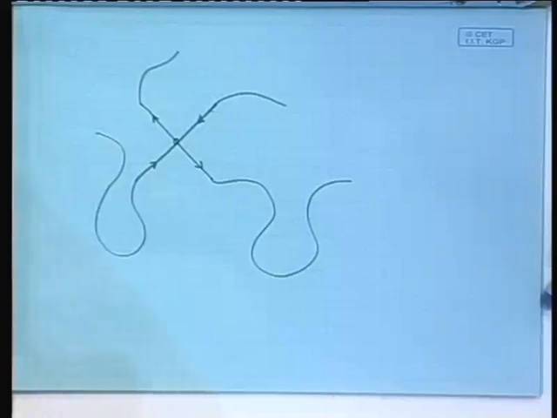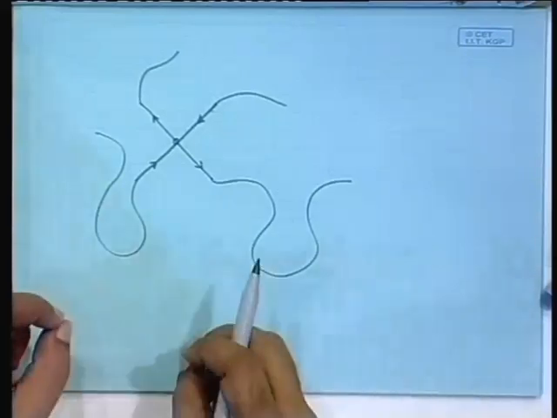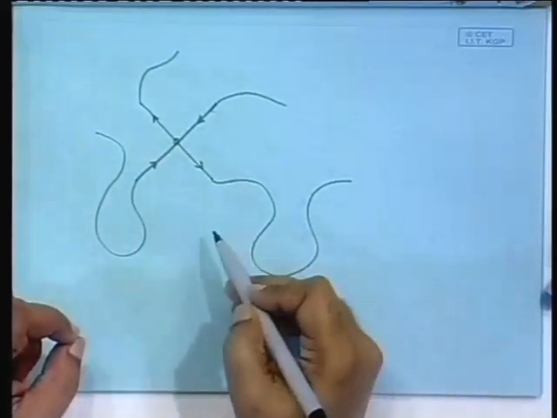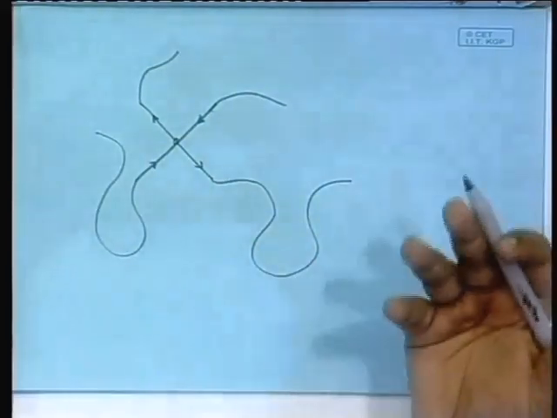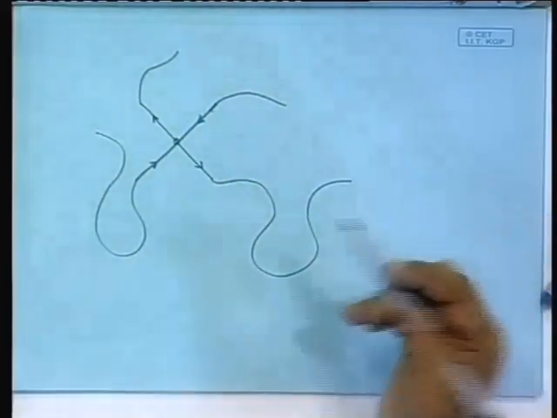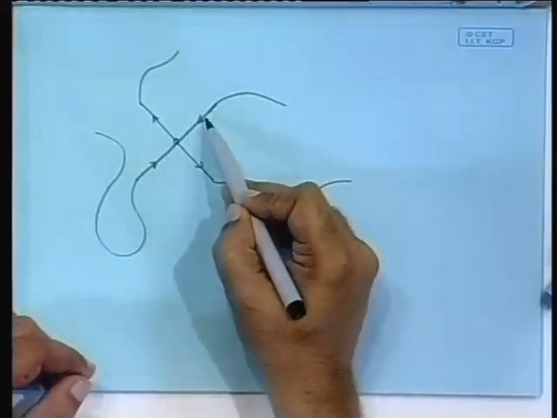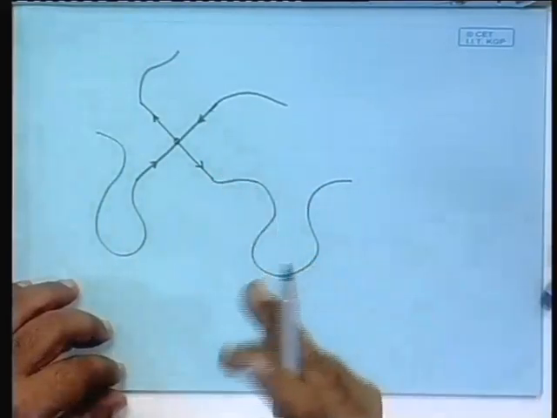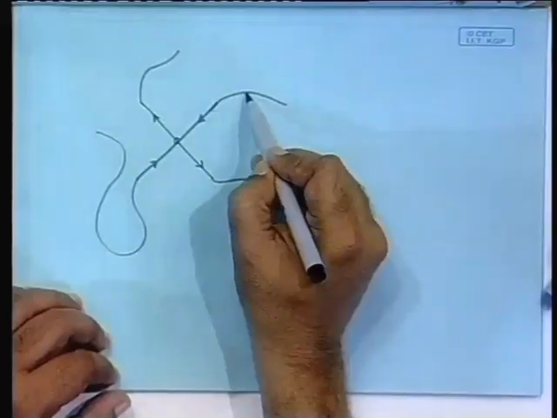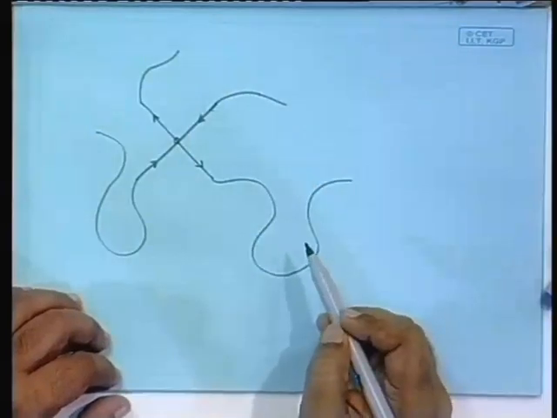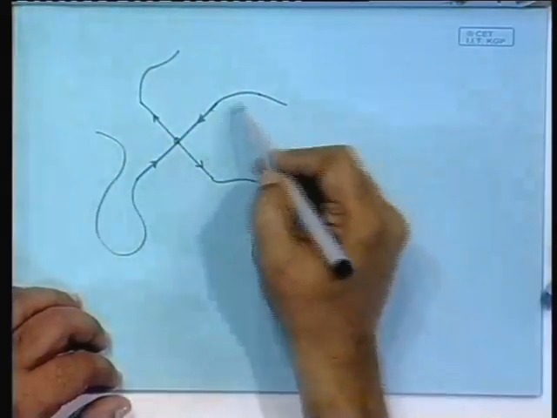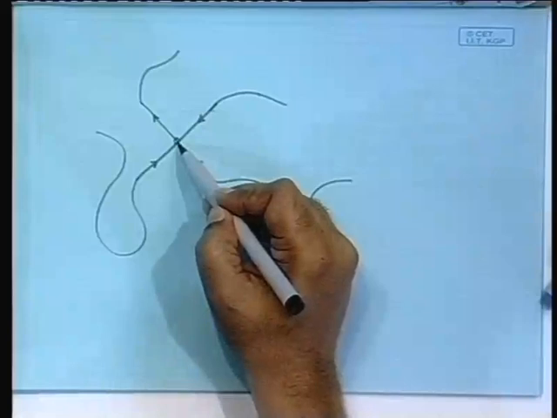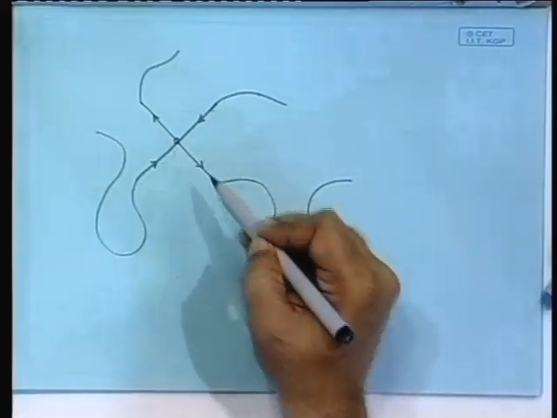While dealing with the continuous time systems, I gave some names to them. These were the stable manifold and the unstable manifold. So, this one would be called the stable manifold and this one would be called the unstable manifold. In other words, what is the definition of a stable manifold? That if you take a point on the stable manifold and in further iterates it approaches the fixed point, then you would call it a stable manifold. And what is the unstable manifold?